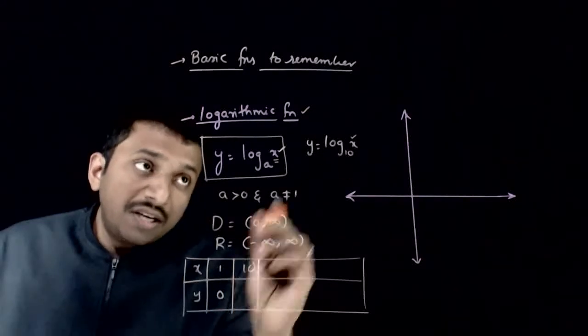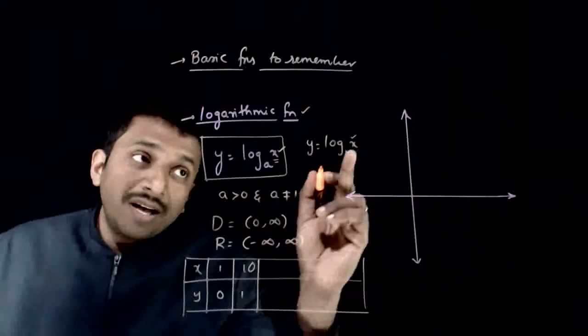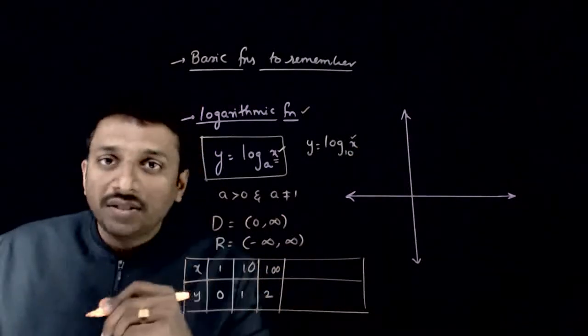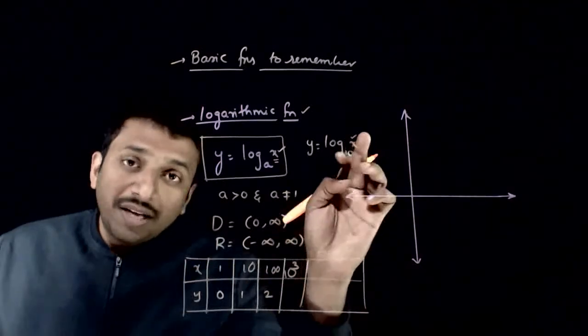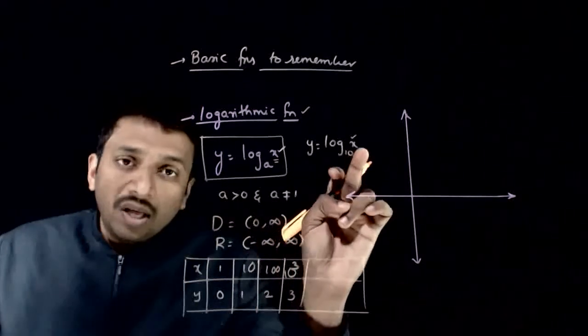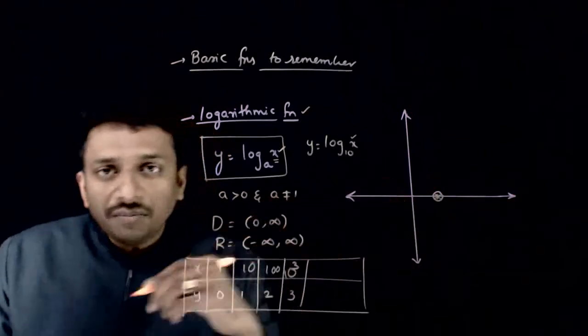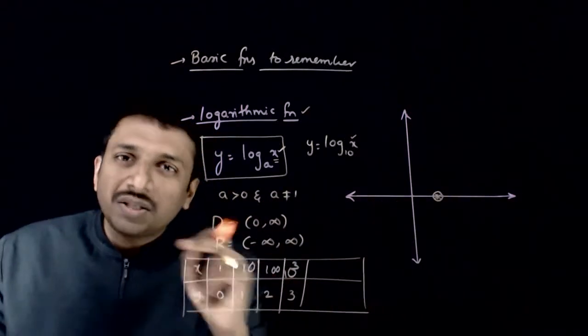So what is log 10 to the base 10? Log 10 to the base 10 is 1. Log 100 to the base 10, if x is equal to 100, the log value is equal to 2. Similarly, log 10 cube to the base 10 is 3, and so on. So if x is equal to 1, y is equal to 0, and as x increases, log increases very slowly.